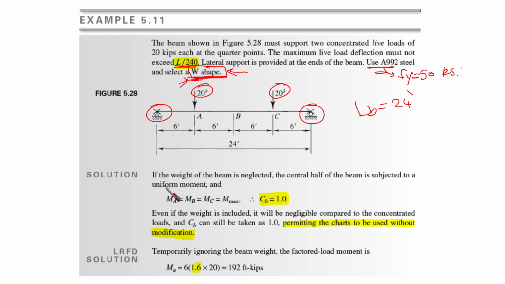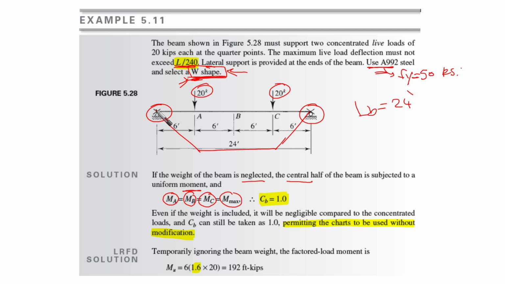If the weight of the beam is neglected, the central half of the beam is subjected to a uniform moment. We're only going to check the moment due to this live load. So MA equals MB equals MC equals the maximum moment. All of them are going to be the same.